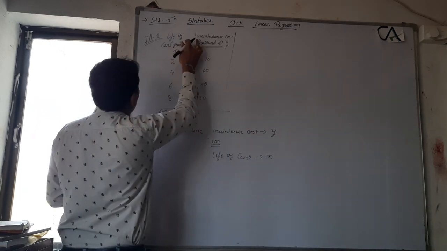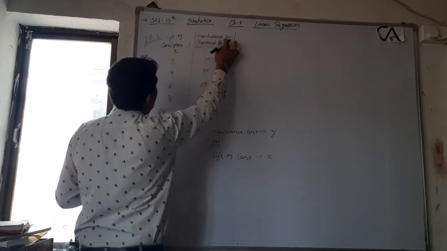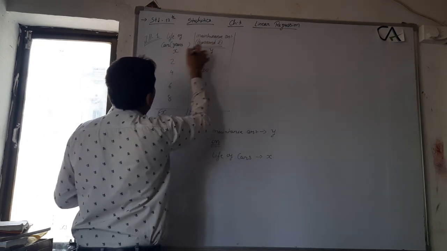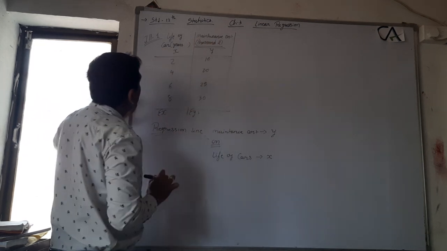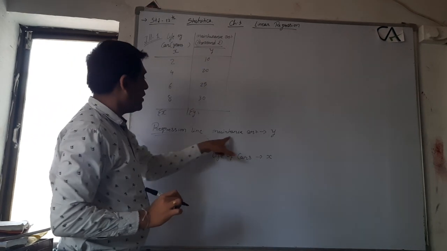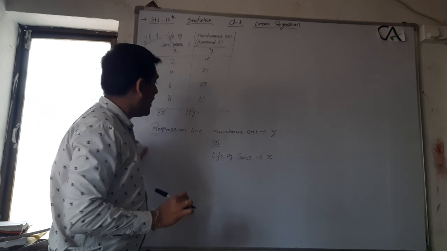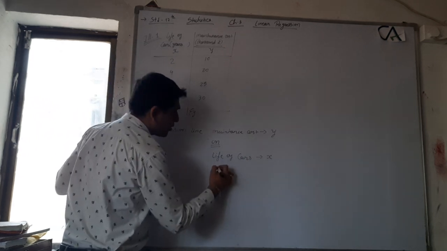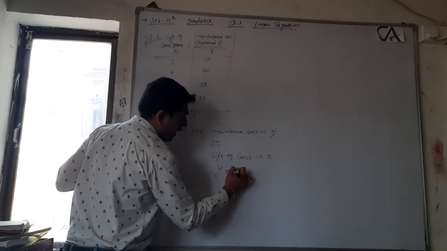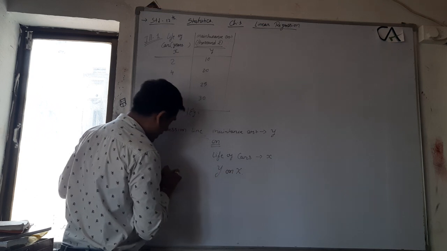Here it is our x, here it is our y. Maintenance cost is our y, life of cars is our x, so they ask y on x regression line.